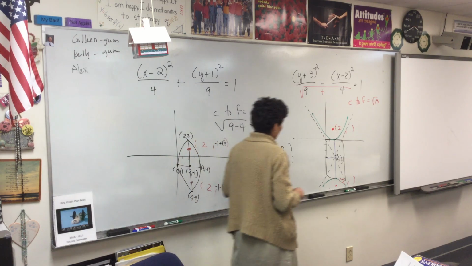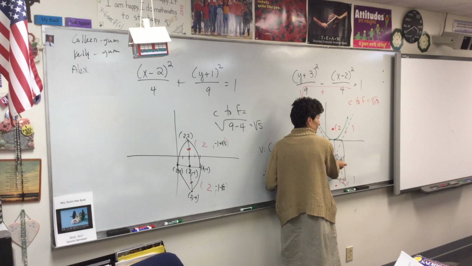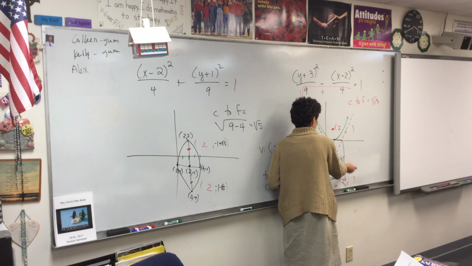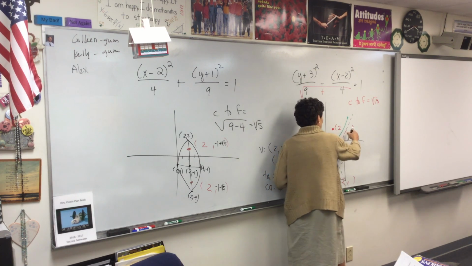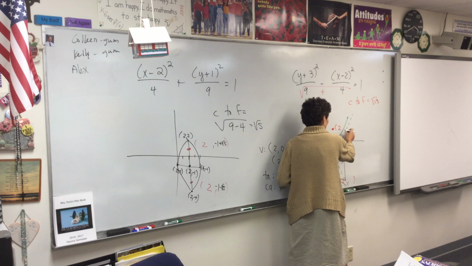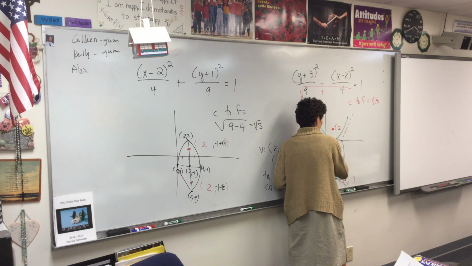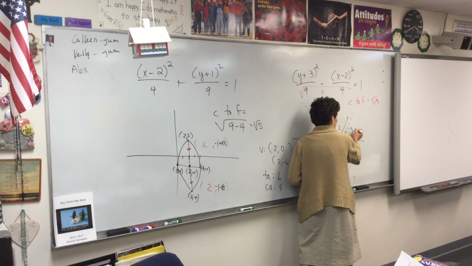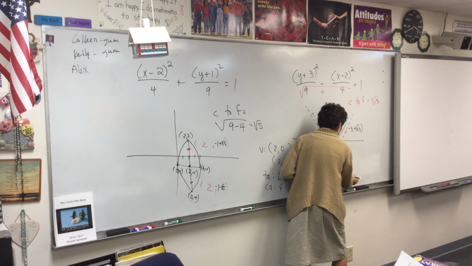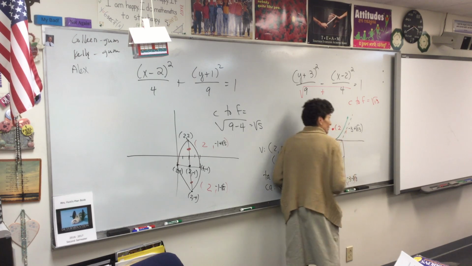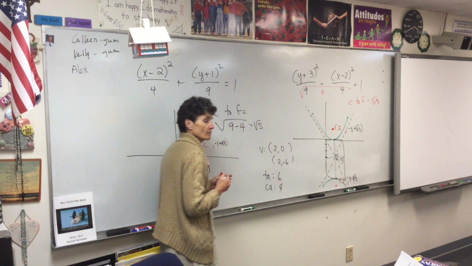So you're going to start right here at this point, and you're going to go up and down root 13. So what will this y coordinate here be? I'm going to start at negative 3 and go up root 13. Start at negative 3 and go down root 13.